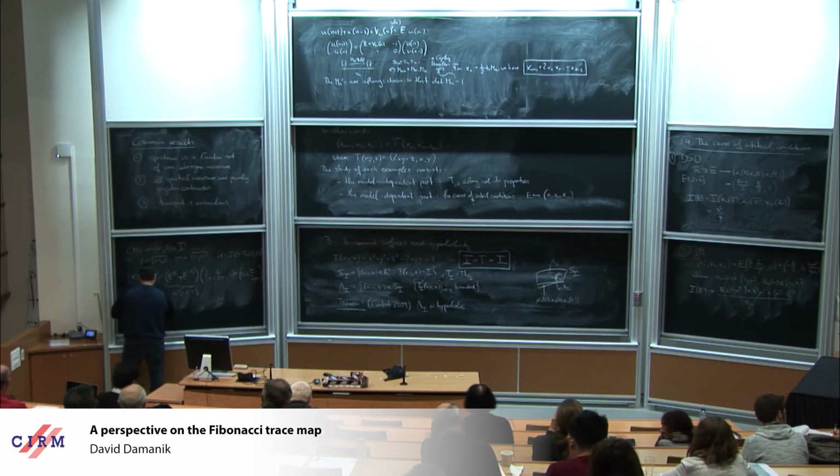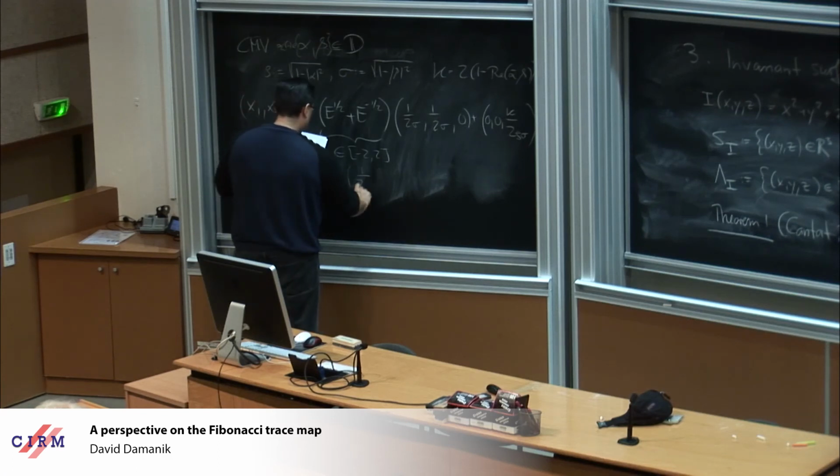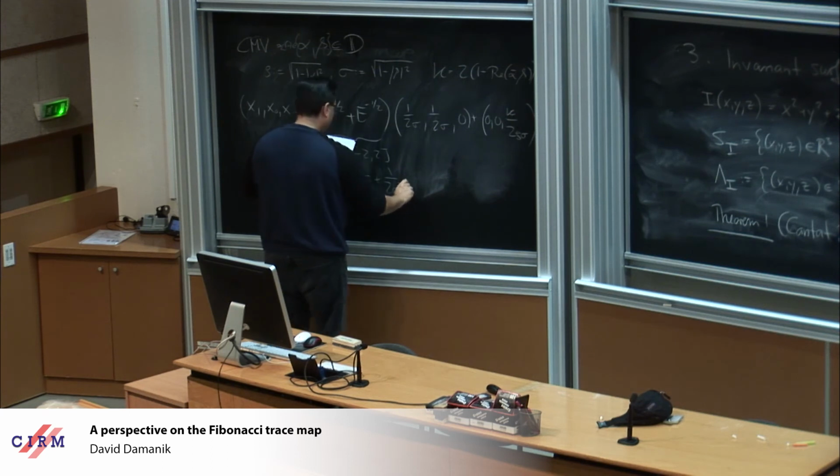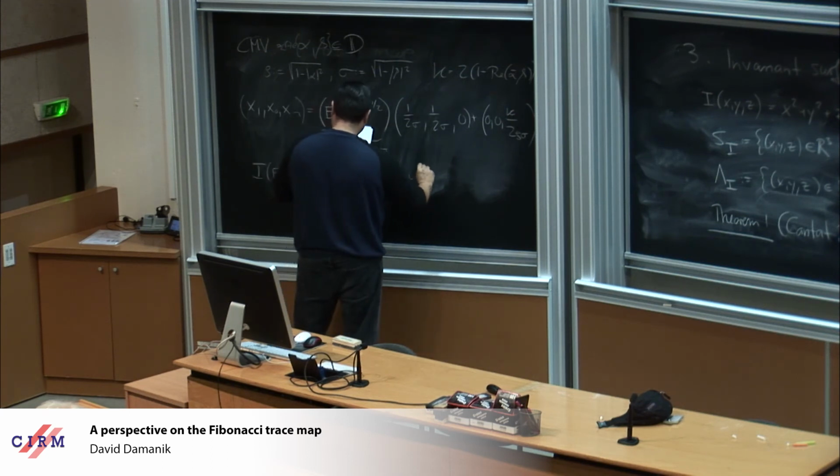And the invariant is the following. It's real part of E times something, 1 over 2 rho squared plus 1 over, well, let me just write it down. I think the main message here is that one can compute things and then look at what one gets.